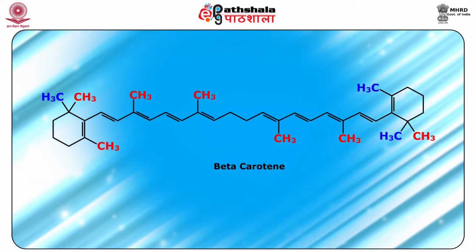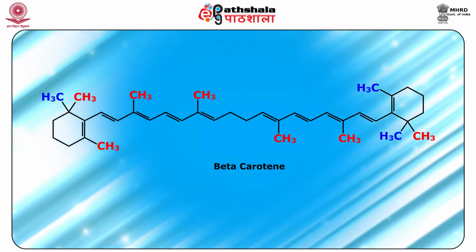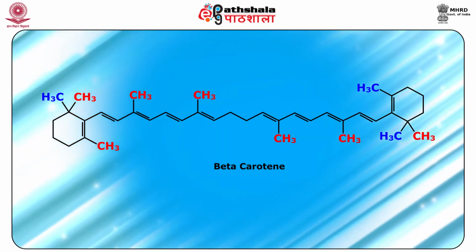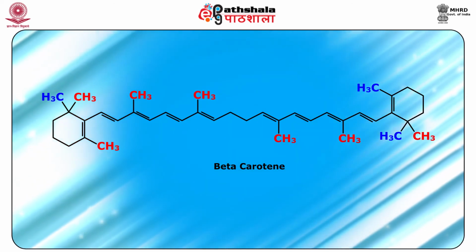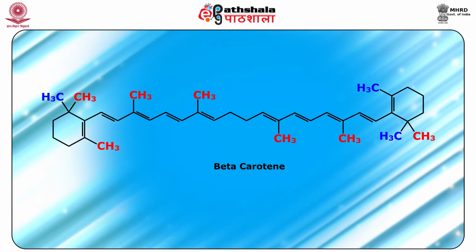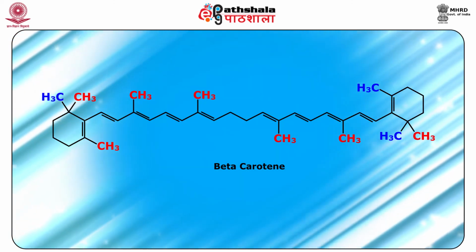Now, beta carotene, figure 7, which is responsible for the red color in carrots, consists of 11 conjugated double bonds, which absorbs in the visible range at 265 nanometer, thus appears red in color.